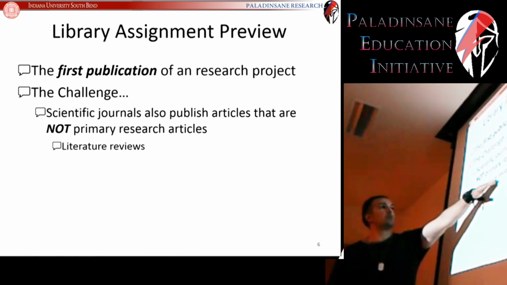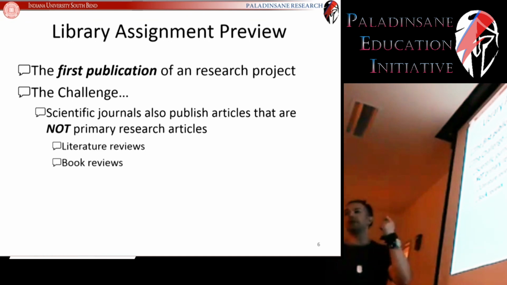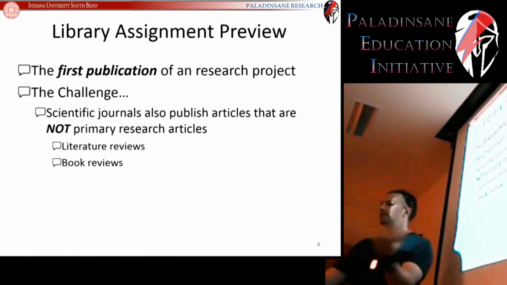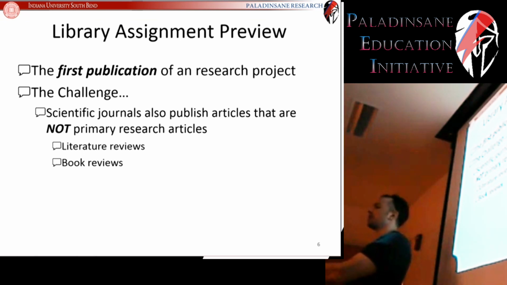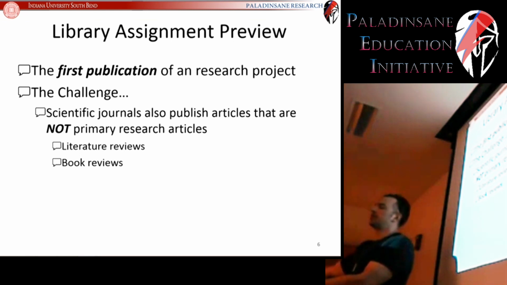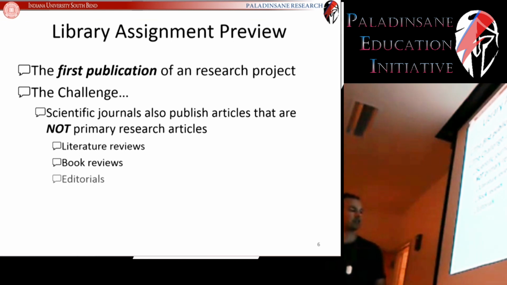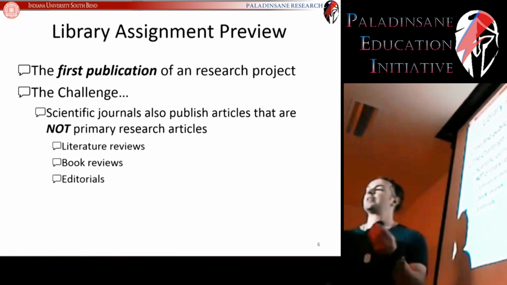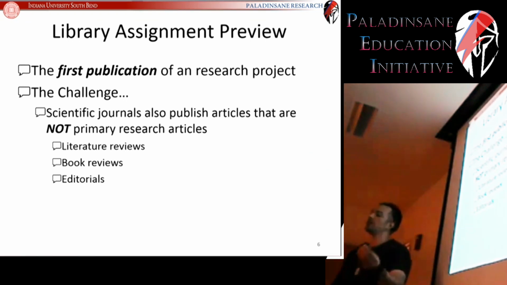So scientific journals will publish literature reviews. They're not primary research articles. They'll publish book reviews. They'll be like, oh, here's the latest textbook from this person. Here's the latest handbook of experimental psychology from these researchers. Here's our book review. Those book reviews are not primary research articles. They'll publish editorials, statements on the state of psychology in that area, statements on new challenges that are arising.